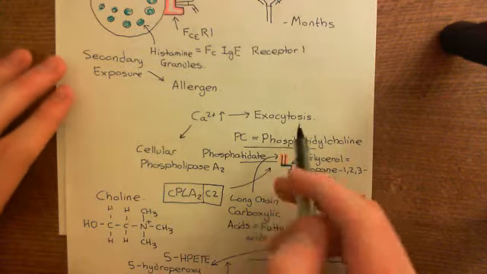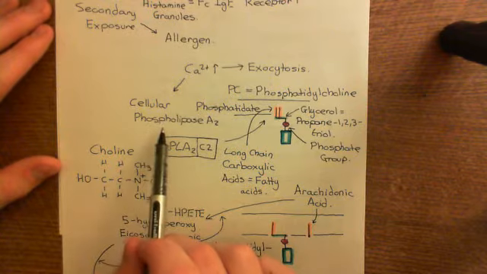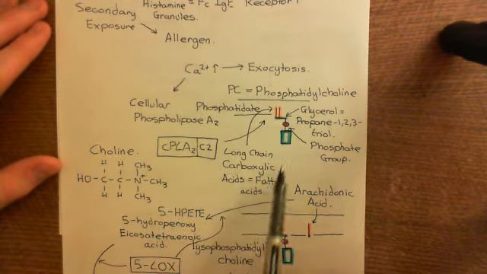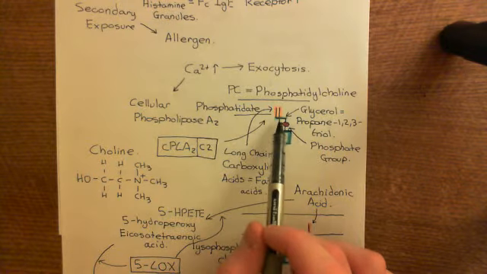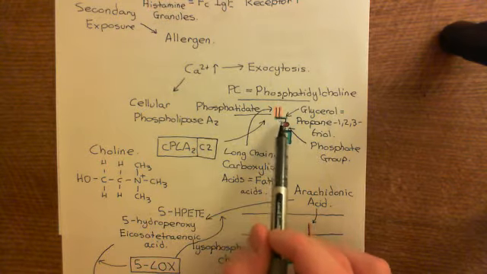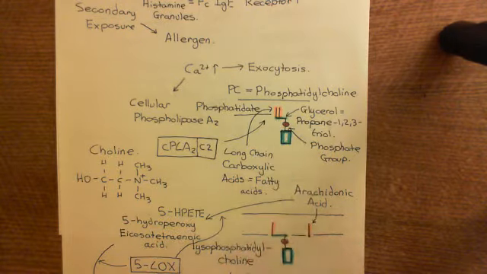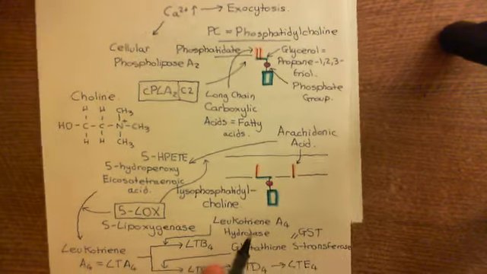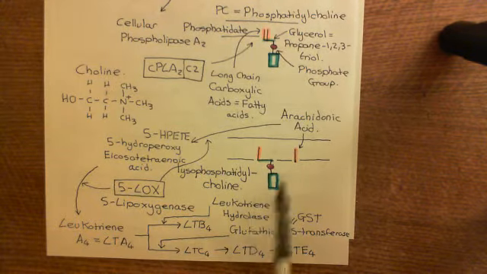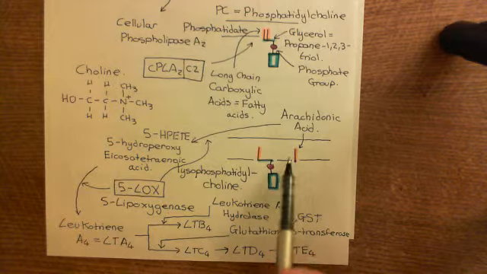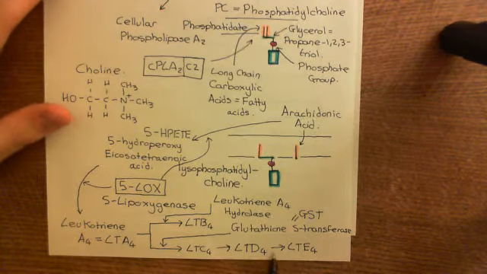That caused exocytosis of the histamine granules, but it also activated the cellular phospholipase A2, which then translocated to the inner leaflet of the phospholipid bilayer and cut the bond between the second long-chain carboxylic acid and the second alcohol group of the glycerol molecule to yield lysophosphatidylcholine and arachidonic acid. And this arachidonic acid was then used to create leukotriene B4 and the cysteinyl leukotrienes here.